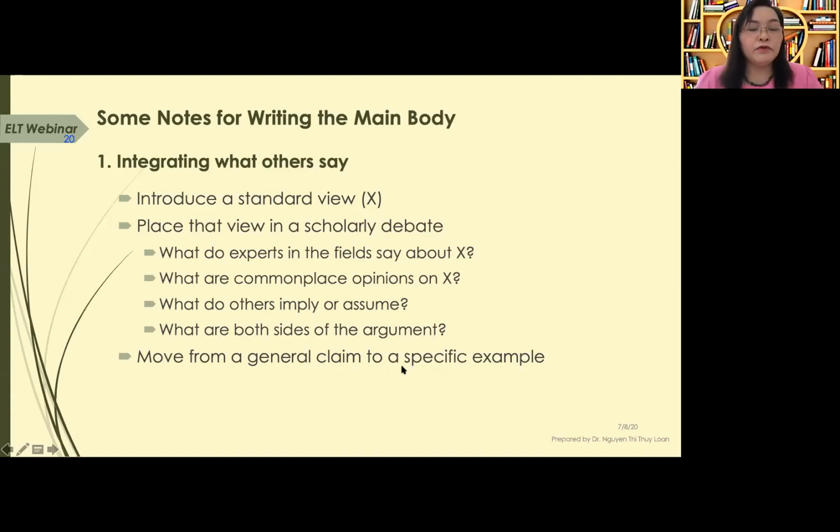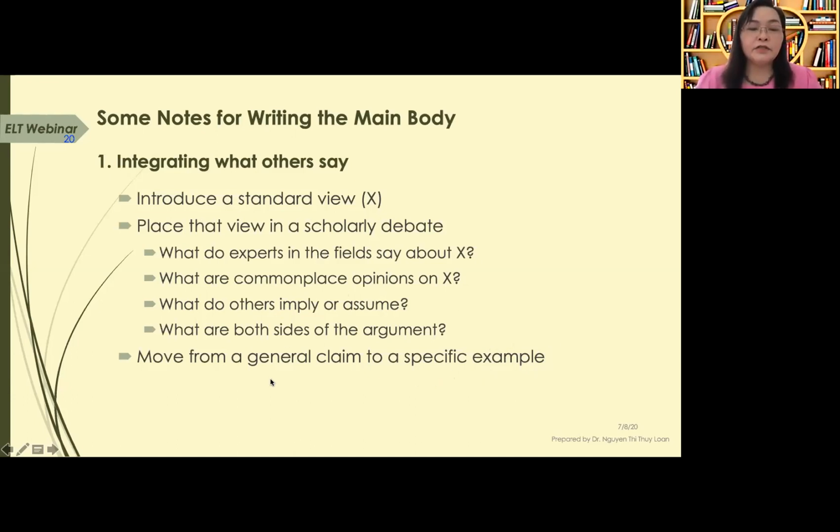Specific example means you have to show which study, which scholar talks about that, which group of scholars shares that view. So you move from introducing the general view about a certain topic, and then one by one explain what each study says about that view.